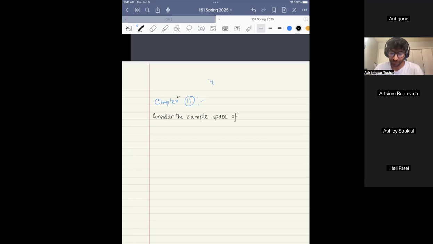So we're gonna consider a sample space of blood types and their RH factor.